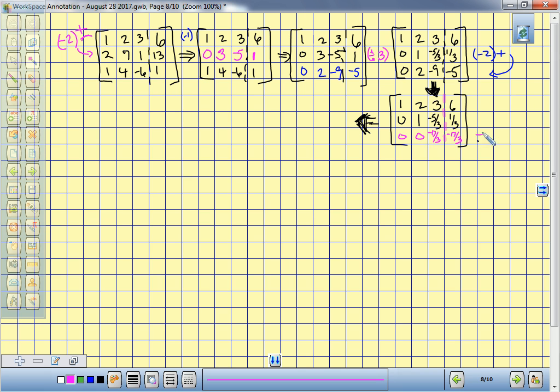Okay, if we divide this one by 3, would that help you to see how to eliminate that? I don't know what the order is.